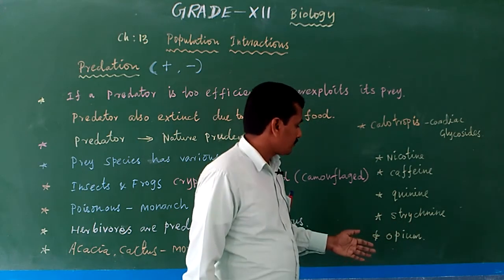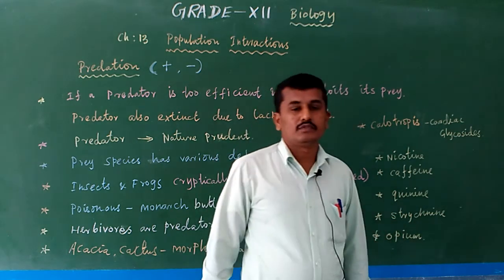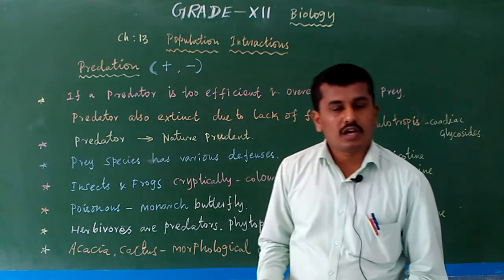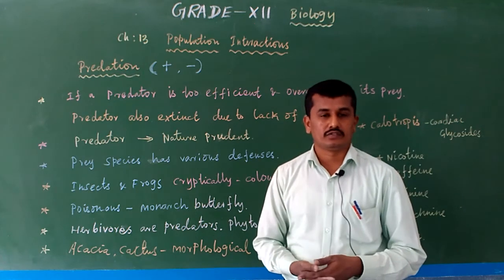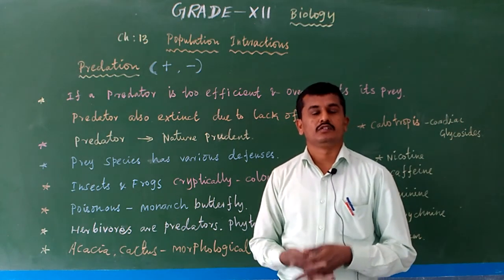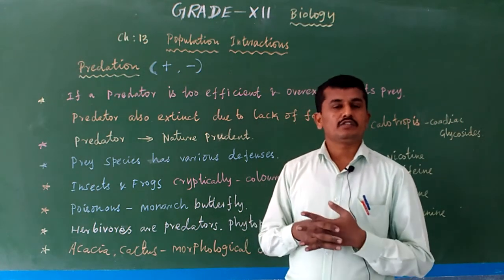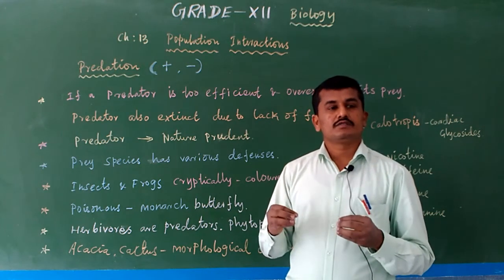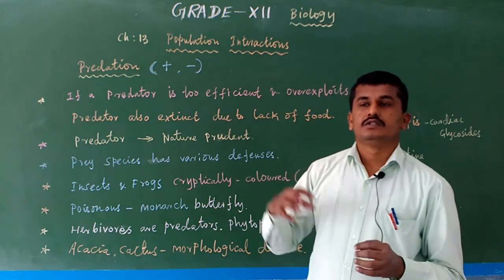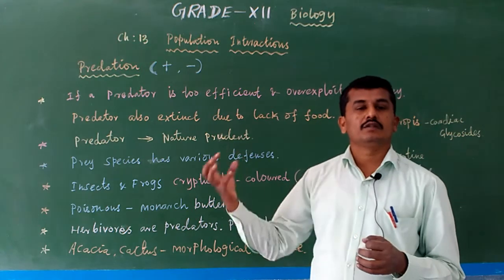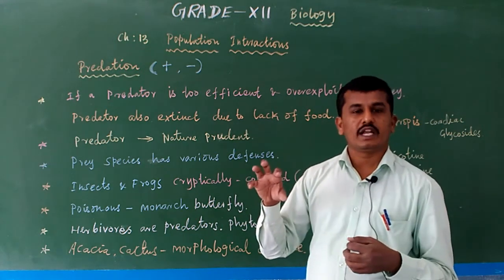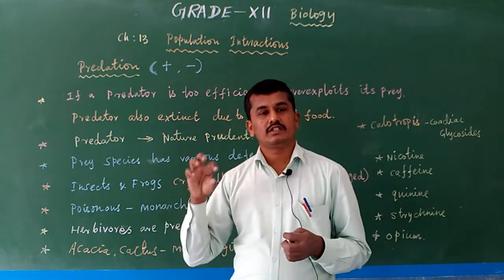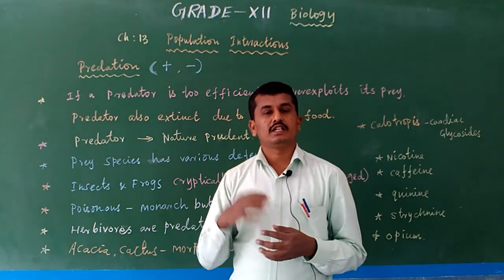strychnine and opium, and a variety of oils like eucalyptus oil. These are secondary metabolites, chemicals. These chemicals are important for the particular plant to be avoided by the particular predator. Actually the predator easily eats a plant for its taste.